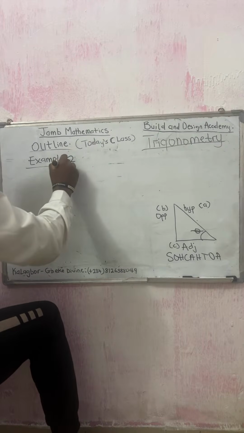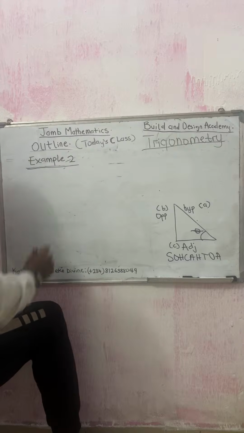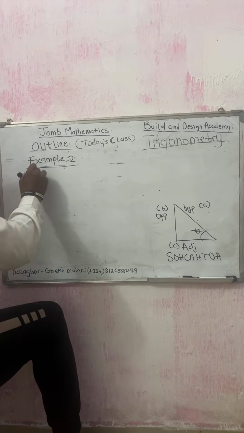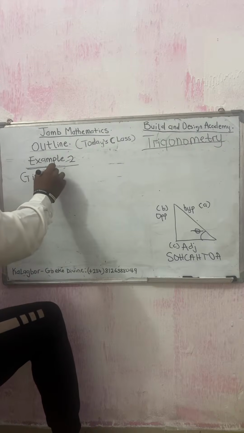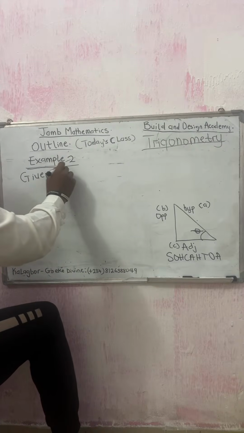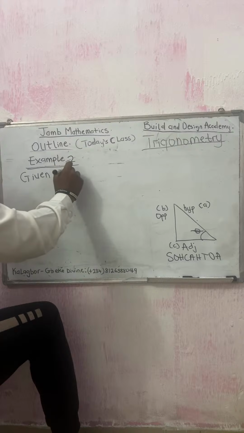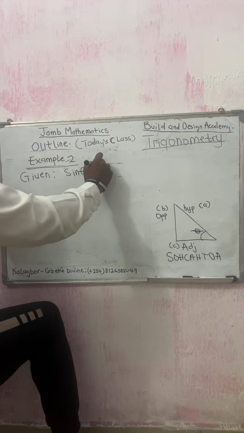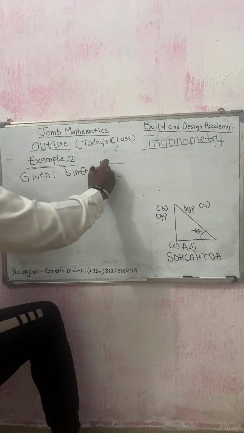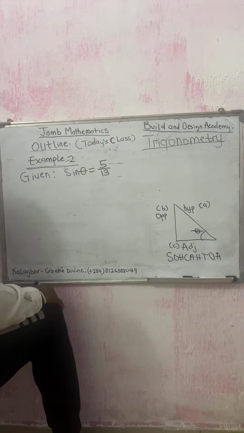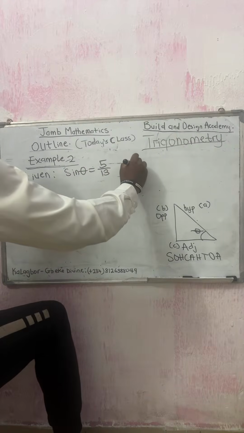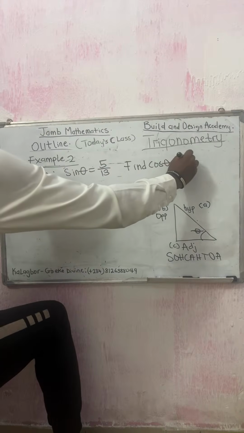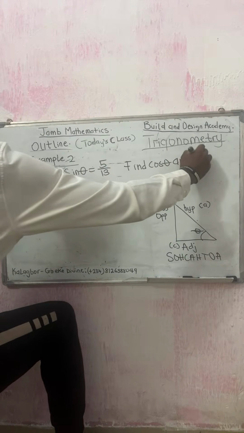Example 2 says, given sine theta is equals to 5 over 13, so we can find cos theta and tan theta.